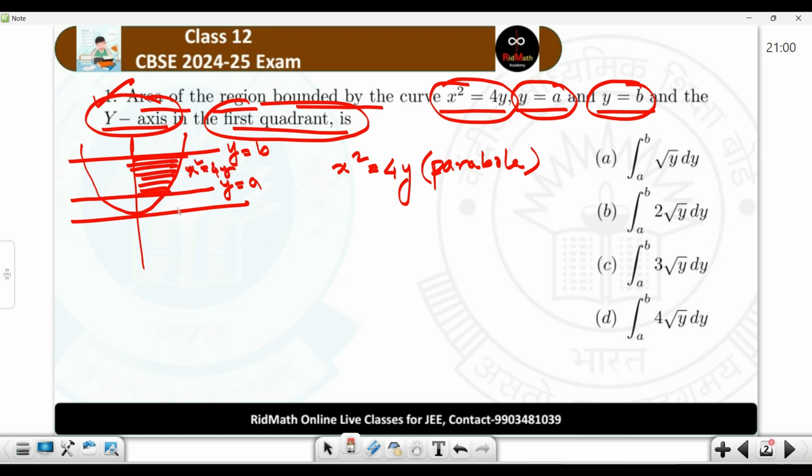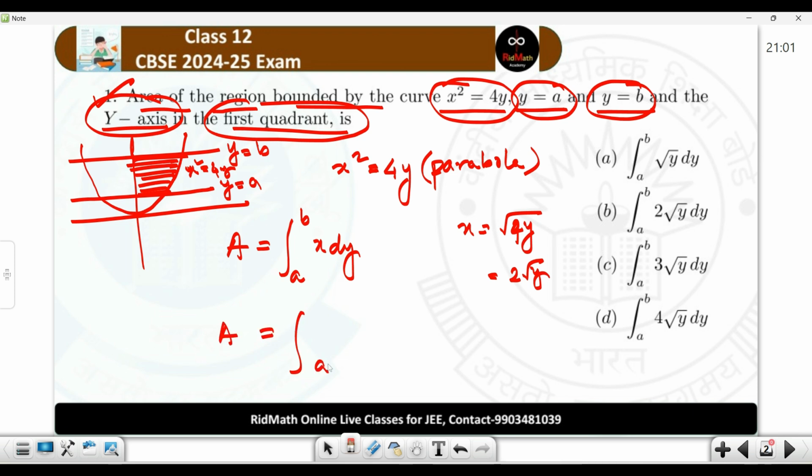Okay, so the area will be A equal to integration a to b x dy. What is x? x equal to root over 4y, that means 2 root y. So A equal to integration a to b 2 root y dy.